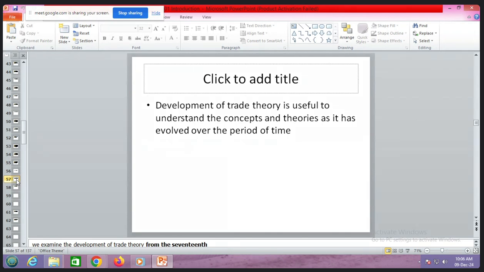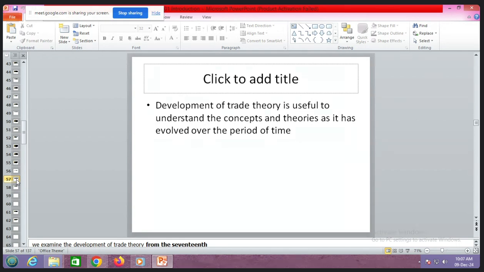As I have already mentioned in one of the previous lectures, these are theories that have emerged from the 17th century, and till recently there have been developments in trade theories. But in the classical theory, we are ending with Haberler's theory that happened in the first part of the 20th century.